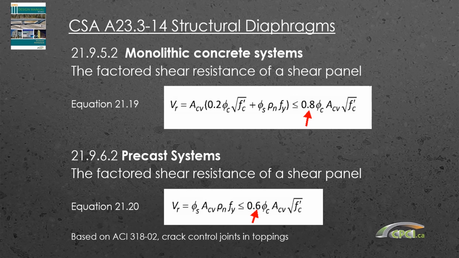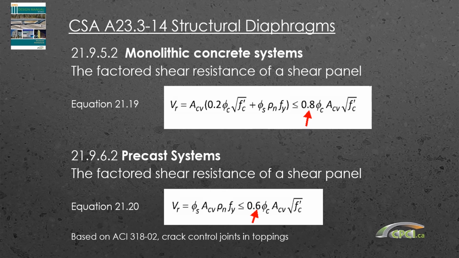Why in CSA A23.3 there's the diaphragm section in the seismic portion of clause 21, and there's two different limits, one for cast-in-place construction, which is this equation 21.19, which is related to monolithic cast-in-place diaphragms, and then you go down the page in A23.3 and you get to another equation which applies to precast systems.